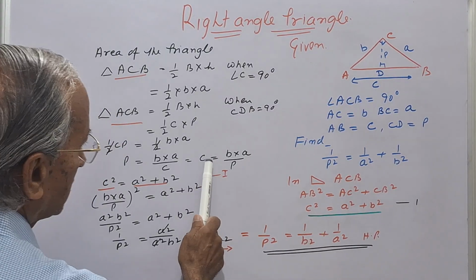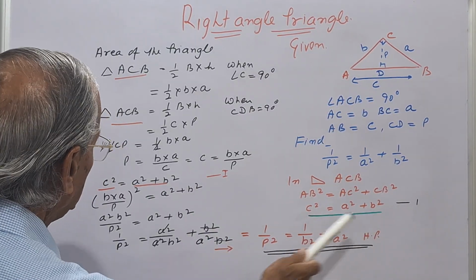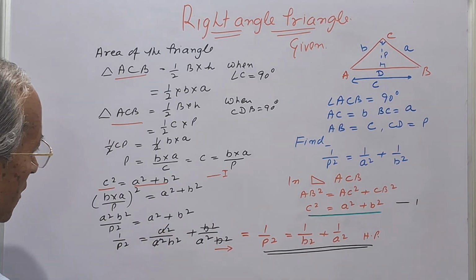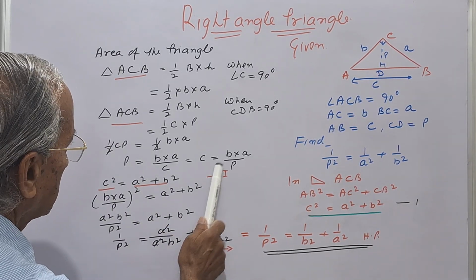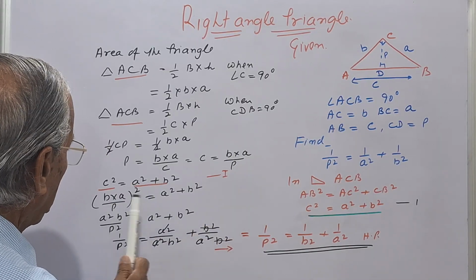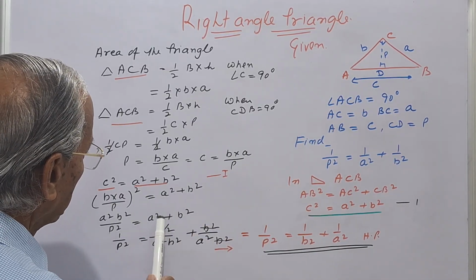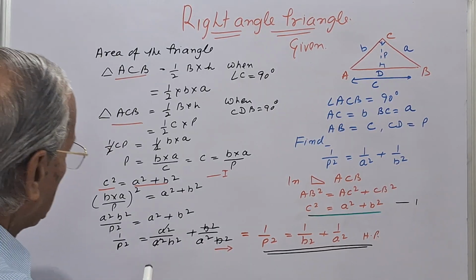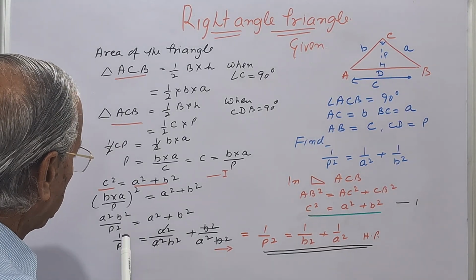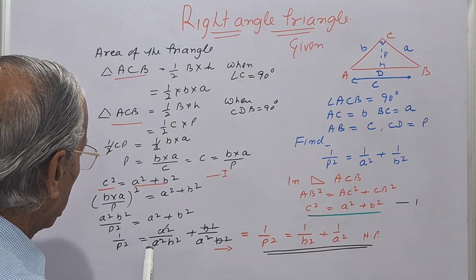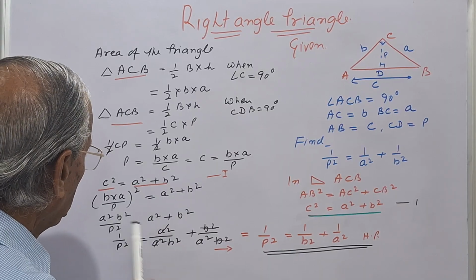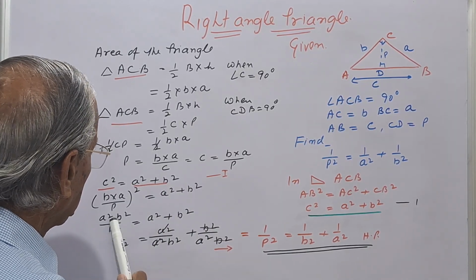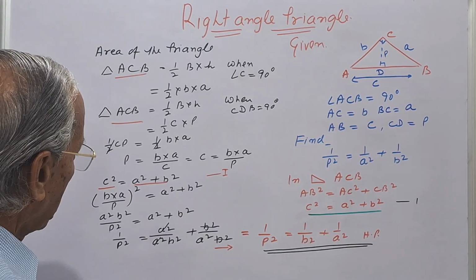Now putting the value of C in equation number 1, that is C square is equal to A square plus B square. Then C is B into A upon P whole square is equal to A square plus B square. Then if we cross multiply it, 1 upon P square is equal to A square upon A square B square plus B square upon A square B square.